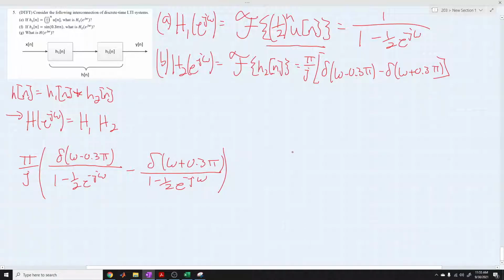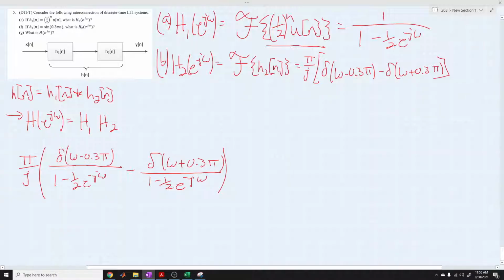And just like we did in, I think it was problem 2 or problem 3, we're going to apply the sampling property, and this delta function is 0 everywhere except at 0.3 pi, right?